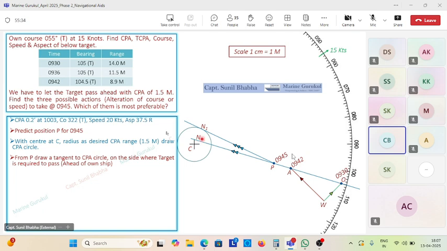So our ship steering 055, the target has to pass ahead of us. That means on this particular tangent line, Papa November 1. If we take the second tangent in this particular way and the CPA is somewhere here, with our ship moving on a course of 055, the target would be passing astern of us. So that's why we have not picked up the second possibility of the tangent.